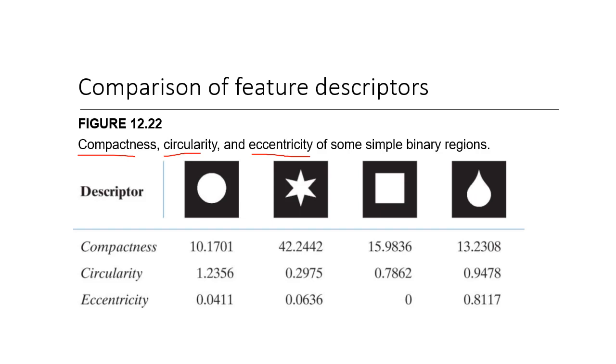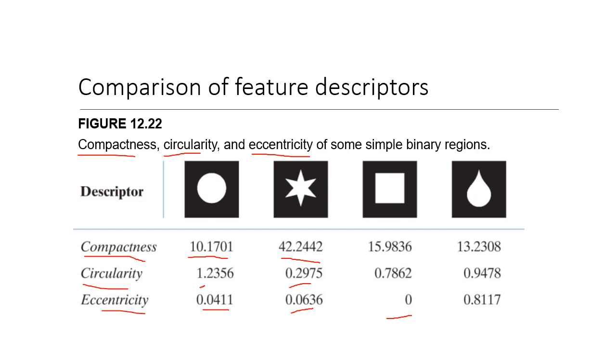If we calculate the compactness for the circle, we obtain 10 point something. The circularity is 1 point something. The eccentricity is 0.0 something. Whereas for the star, the compactness is 42, the circularity is 0.2 something, and the eccentricity is 0.0 something.